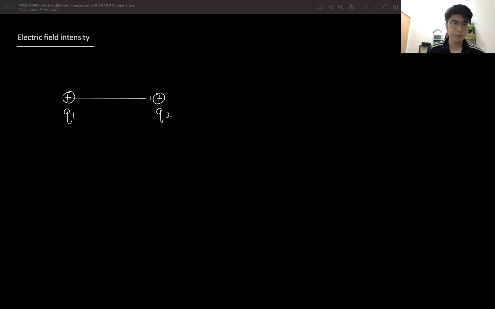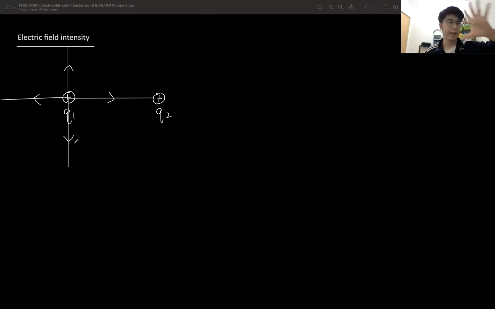Charge number 1 has an electric field acting on charge number 2. Charge number 1, we bring it so far that we cannot see Q1, so we are only seeing the electric field of Q1. Now here, Q2 is being placed inside the electric field.